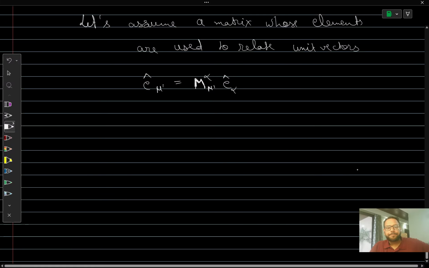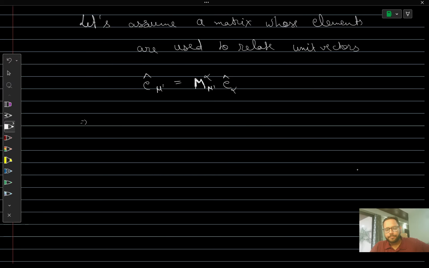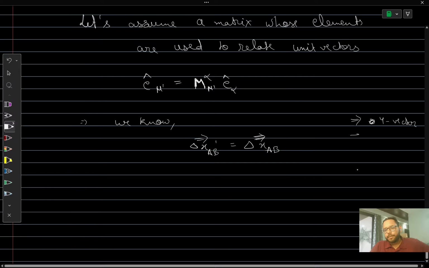Now, we know that this does not vary under transformations. You remember this is a 4 vector, and this is a 3 vector.